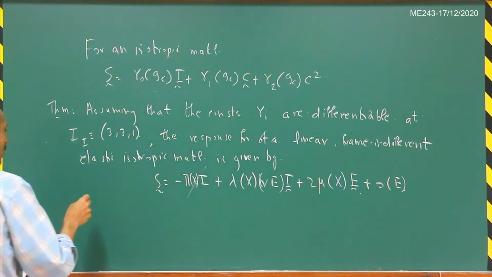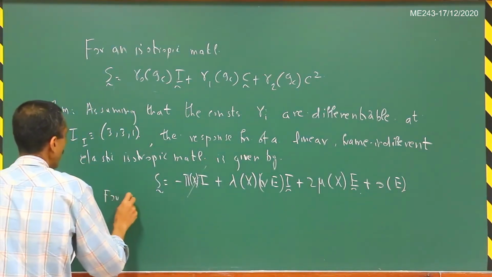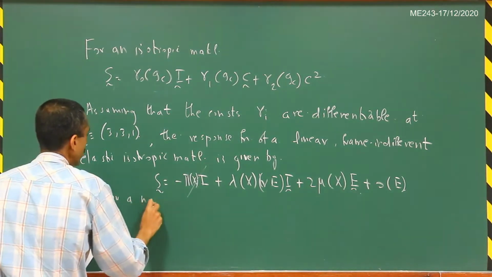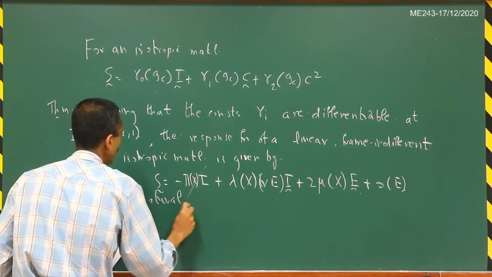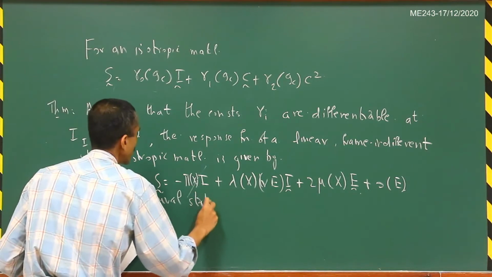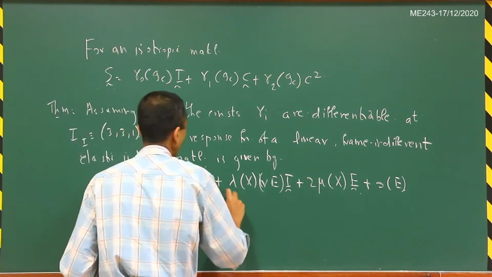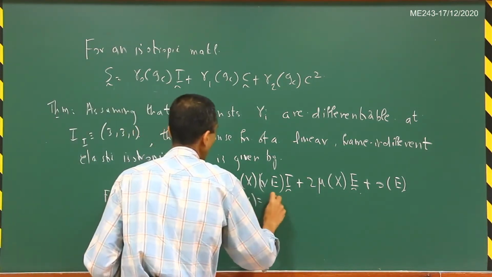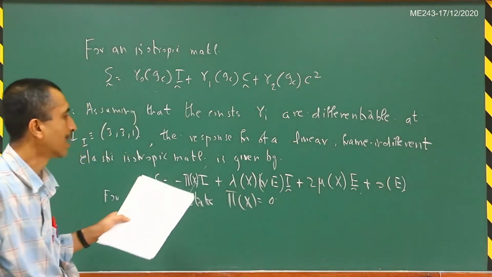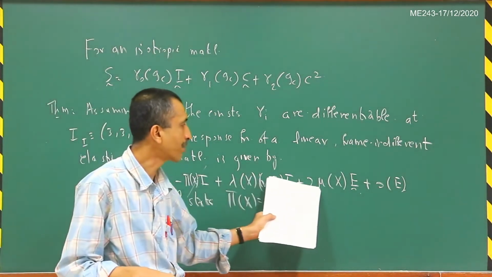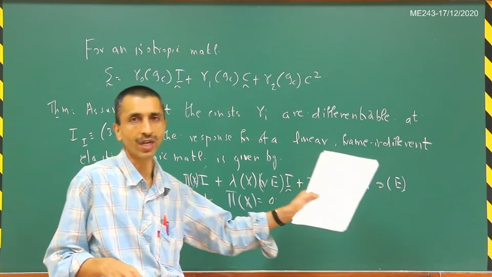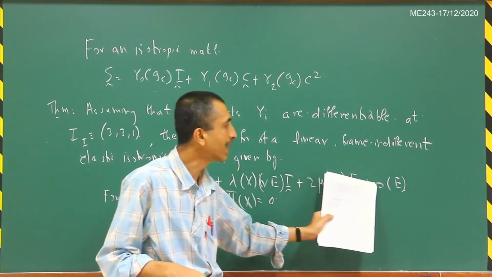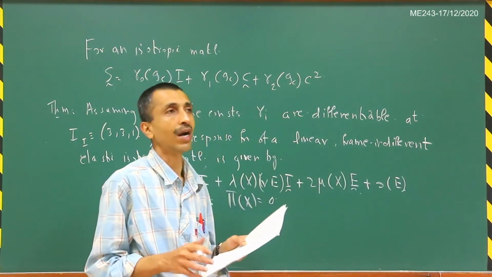So for a natural state, this pi of x can be taken to be 0. So it's just going to be lambda times trace of E times I plus 2 mu times E plus order E. So we are going to neglect this order E under some approximation.